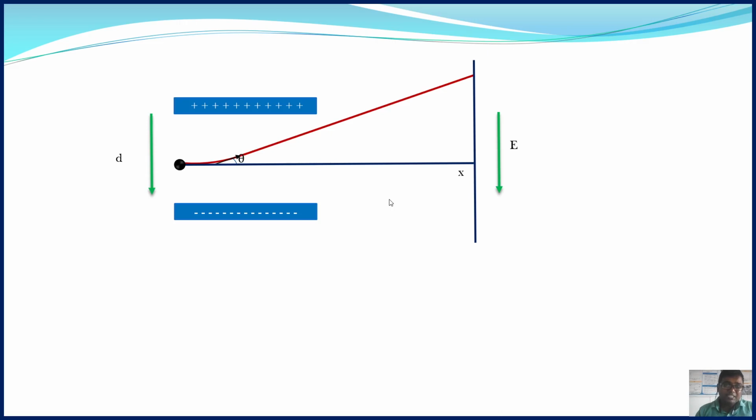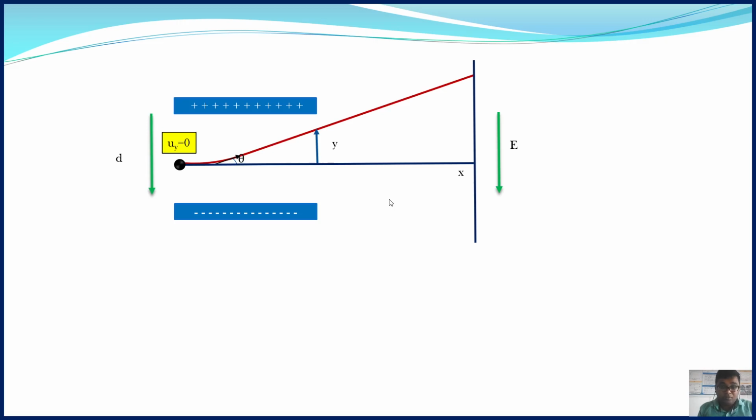The vertical displacement of the electron is denoted by small y. Before entering the field, the y velocity of the electron is 0, that is uy equals 0. As there is no force acting on the electron along the x-axis, the acceleration along the x-axis will be 0.